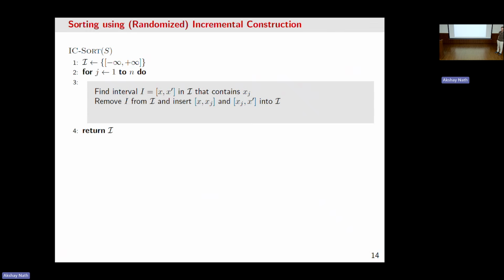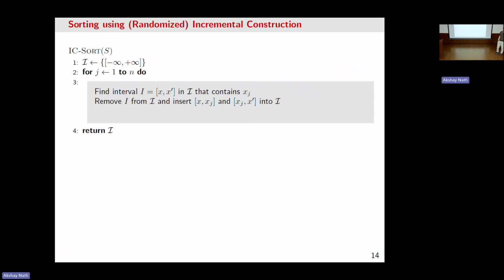My first interval, before I have added any points, is just from -infinity to +infinity. Then I'm going to add the points one by one. Now I have to find which interval contains my point and then split that into 2 intervals. So the question is, how do I find this interval quickly? And here's a general way of doing it.